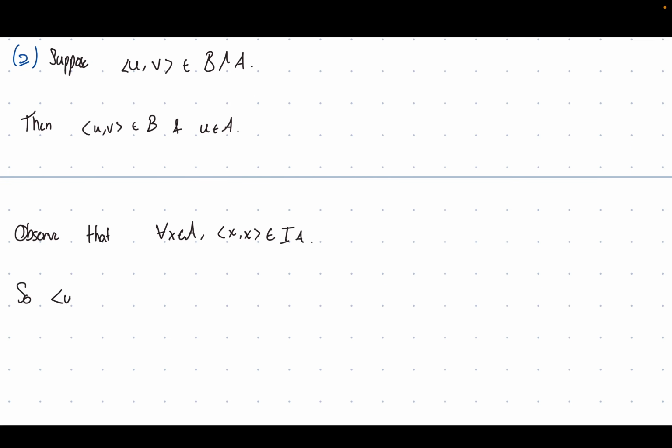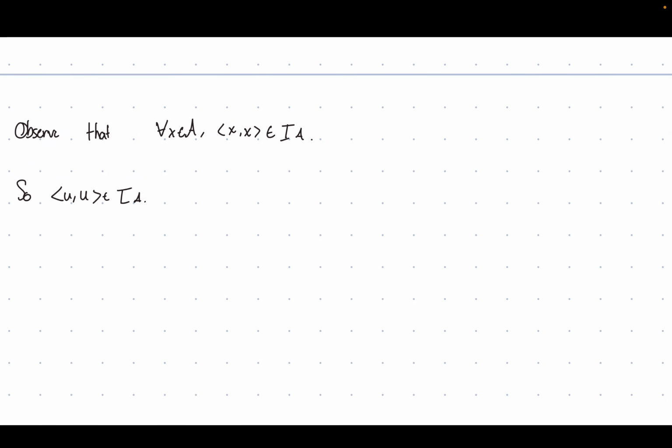So U must be in IA, right? Thus, there exists some U such that U is in IA and UV is in B. Therefore, UV must be in B composed with IA.